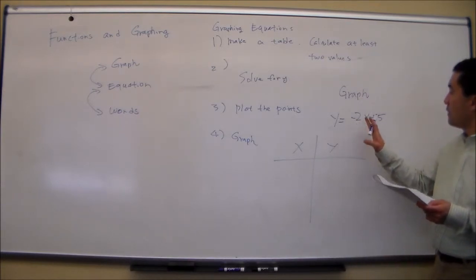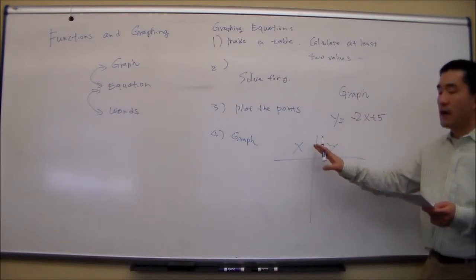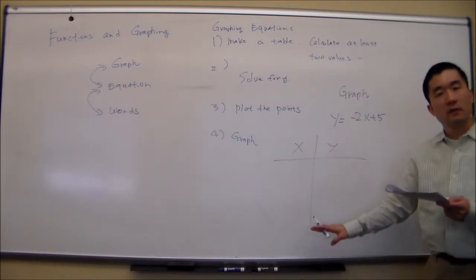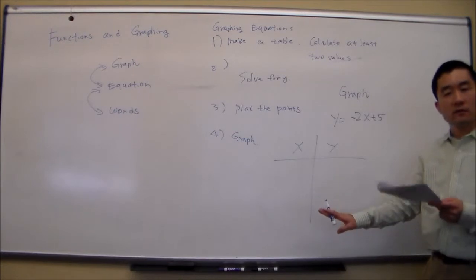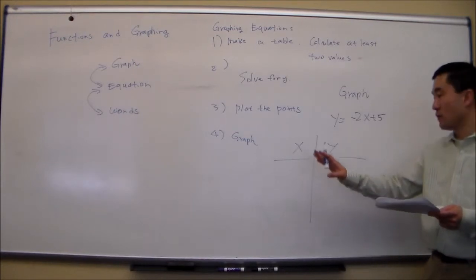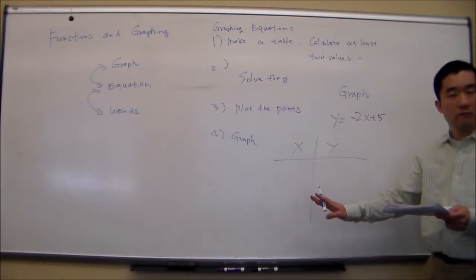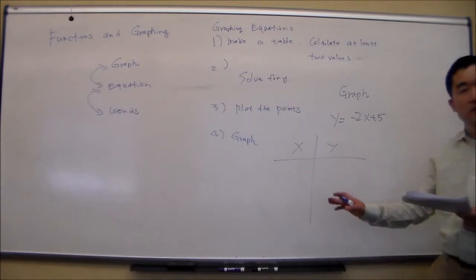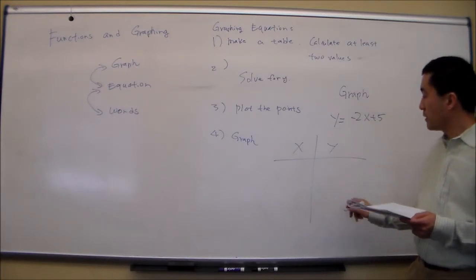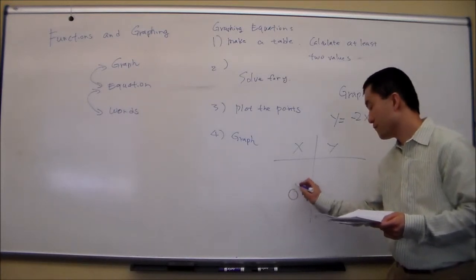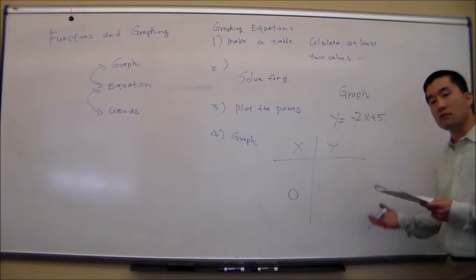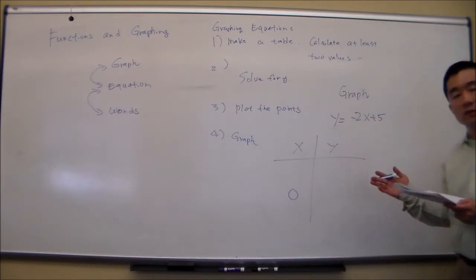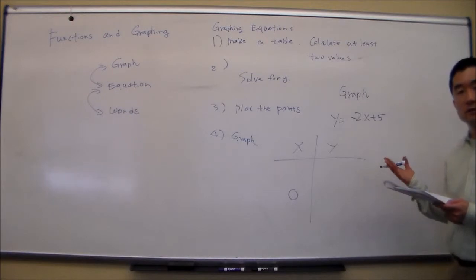If you're graphing an equation, you can pick any x's you want. So why not pick some easy ones? Why make it hard on yourself? So let's pick some easy x's. So here's my recommendation. Always pick a 0. Okay? 0 is easy. Anything multiplied by 0 is 0, so that makes the calculations easier.